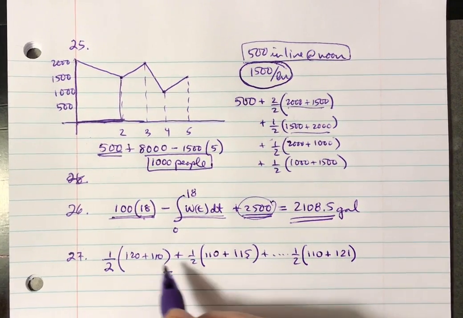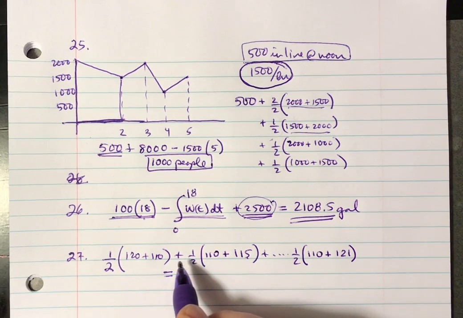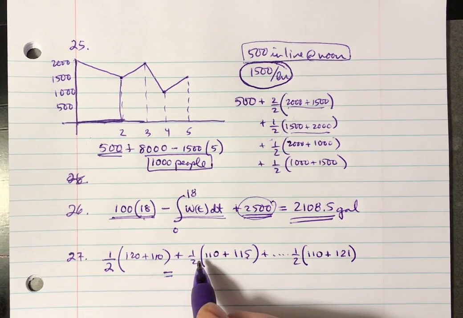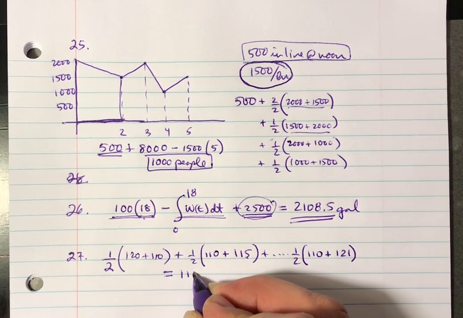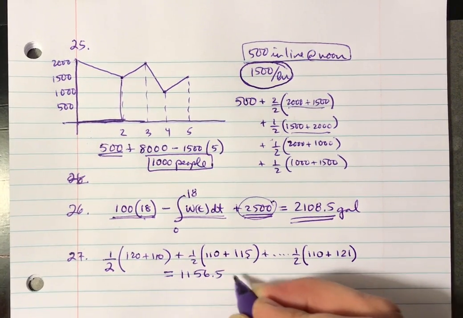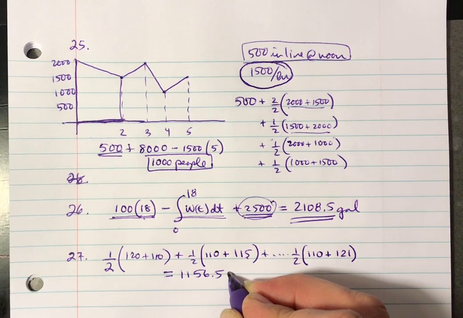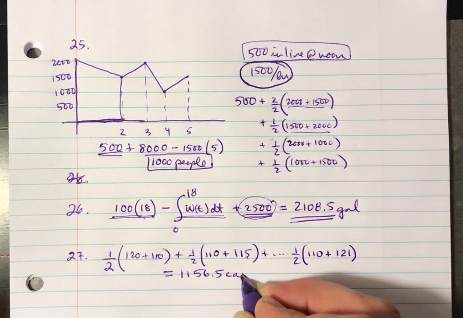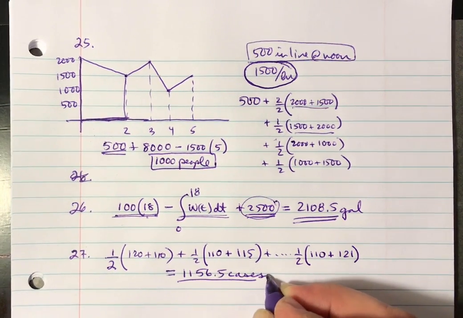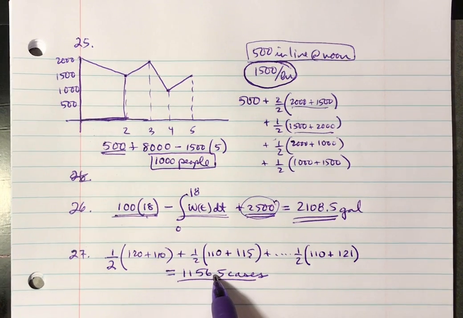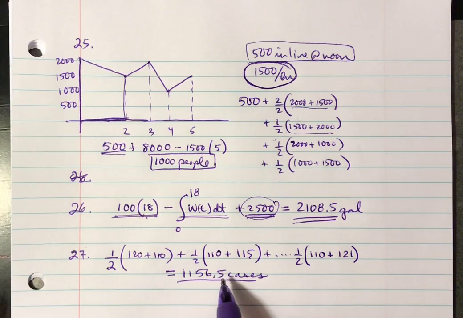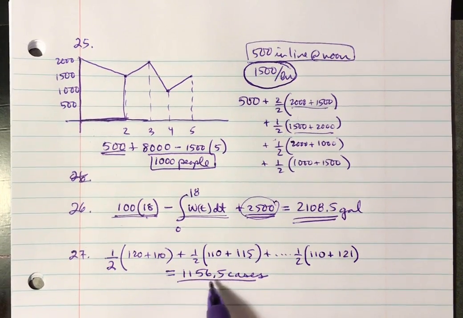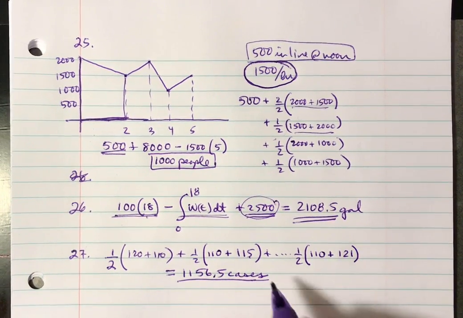If we add all of these together for 27, this should be about 1156.5, and that turns out to be cases here. This isn't going to be a half a case, but if we round that up to 57 or leave it at 56, that's fine.